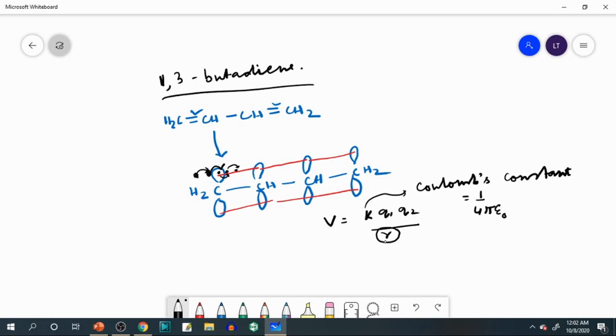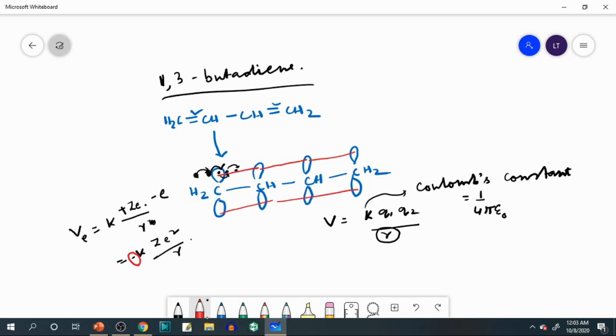And if you apply this equation to the nuclear charge as well as the charge of the electrons, the equation will be reduced to k, or 1 by 4 pi epsilon, plus Z, that is the nuclear charge, into minus e by R. So it will come out as minus Z e square by R. So there is a minus sign here. So if R is greater, then what will happen?